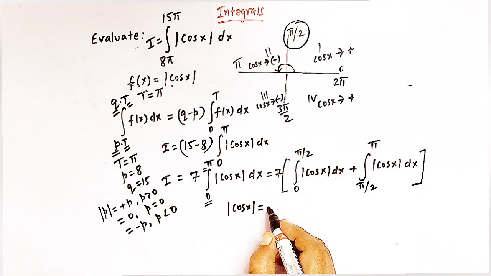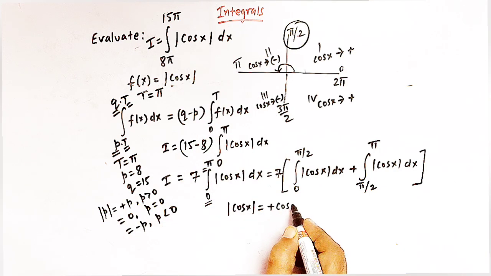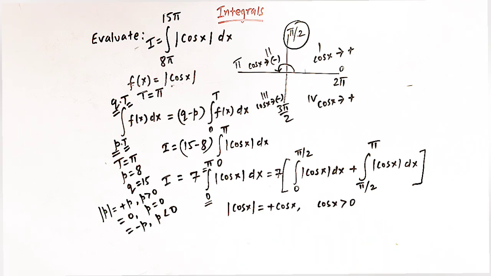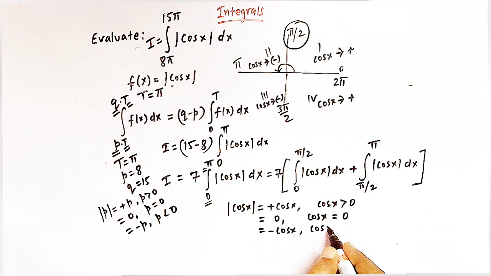So mod of cos x is positive cos x whenever cos x is greater than 0, and mod of cos x is 0 whenever cos x is equal to 0, and mod of cos x is negative cos x whenever cos of x is less than 0, right?